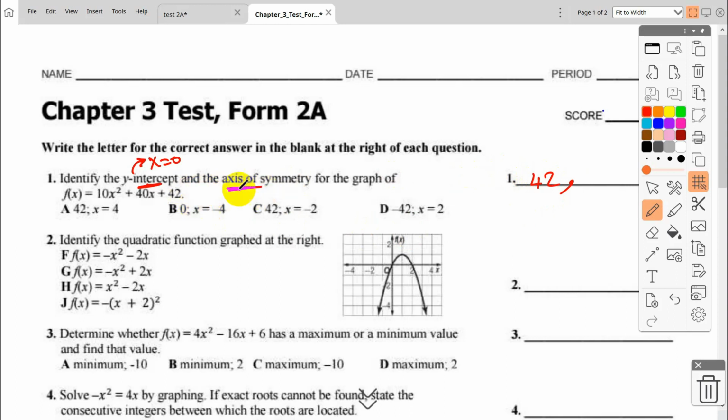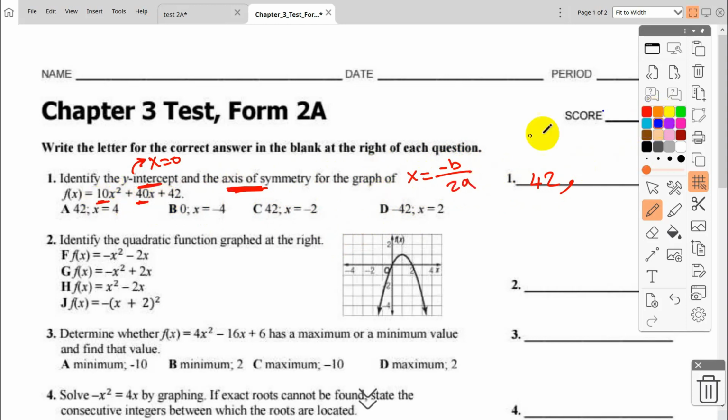Then find the axis of symmetry. Remember, in order to find the axis of symmetry for the graph of a quadratic function, it will be x equals negative b over 2a. b is the coefficient of x, which is 40. a is the coefficient of x squared, which is 10.